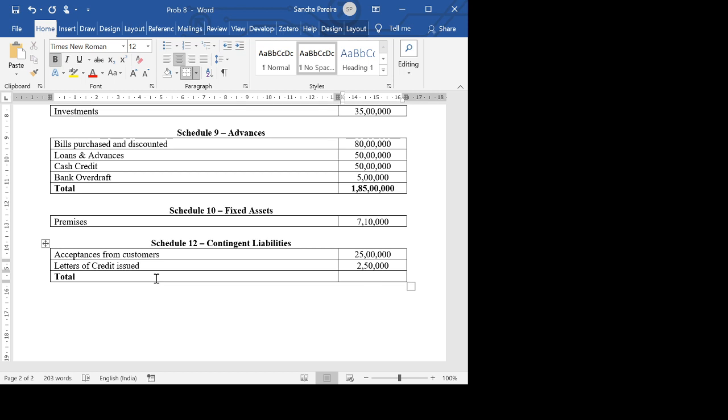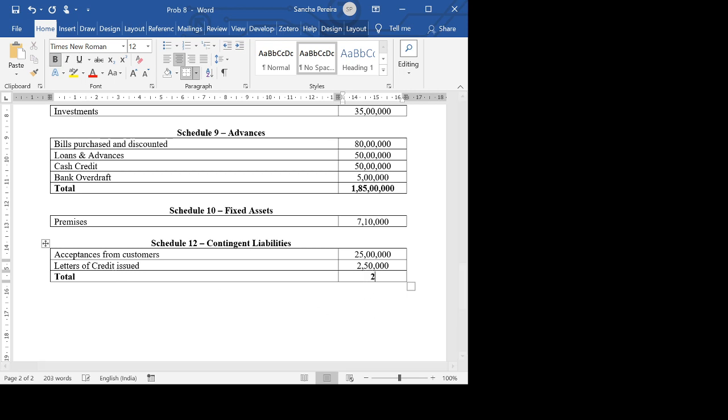Say we have a buyer A in India who's importing goods from some person B in another country. If the buyer asks for a letter of credit from the bank, it means that in case A is not able to pay B, the bank will be liable, and that's why it's a contingent liability. If the importer pays, there is no liability for the bank. But in case of default on the part of the importer, the bank will have to pay. The bank will then try to recover the money, no doubt about that, but at least for that time, the bank will have to pay. So it becomes a contingent liability, because we don't know whether A will pay or not. Okay, so that's the letters of credit issued.